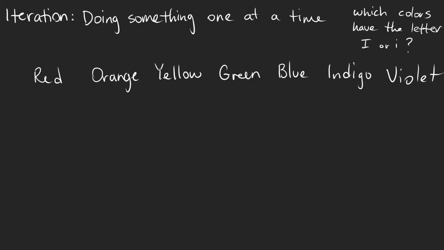A computer can't look at this list and just immediately see it, right? It can only really see one thing at a time. So what iteration does is it breaks it up into little pieces automatically. First we look at the very first value, red.